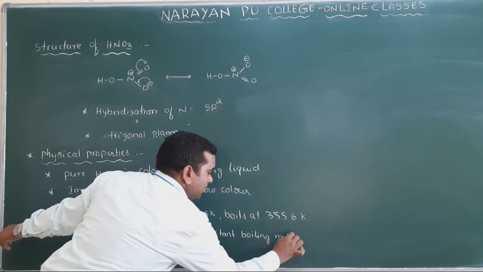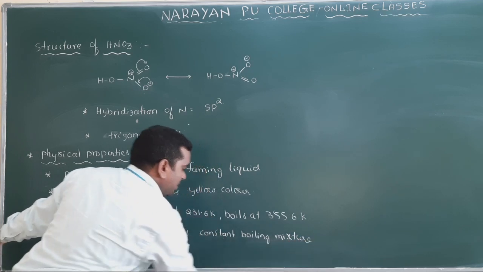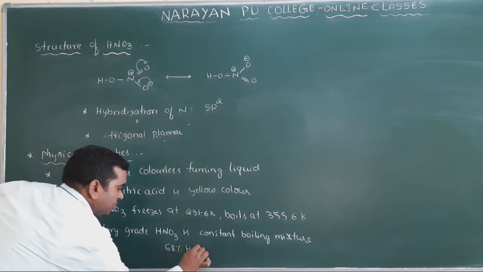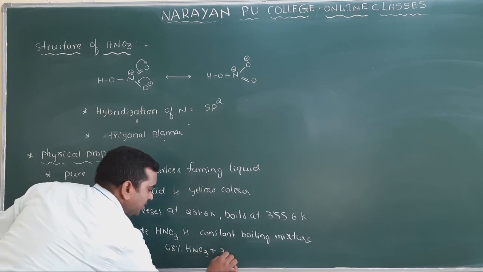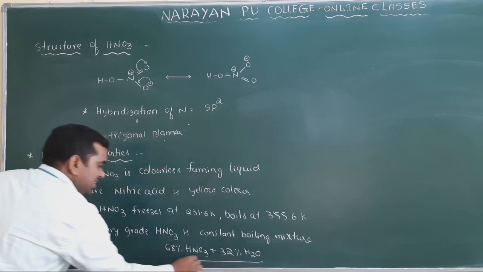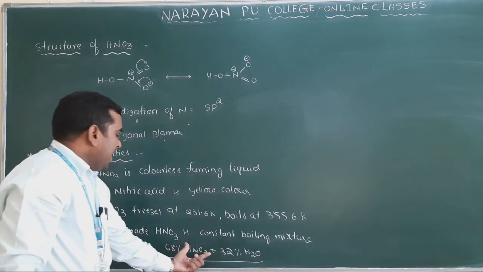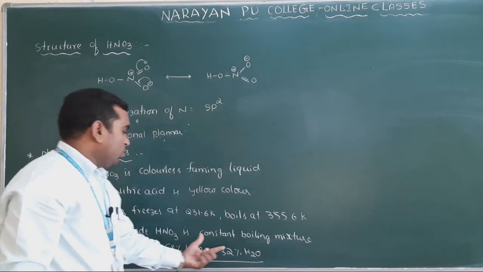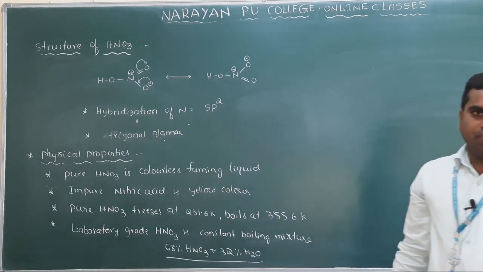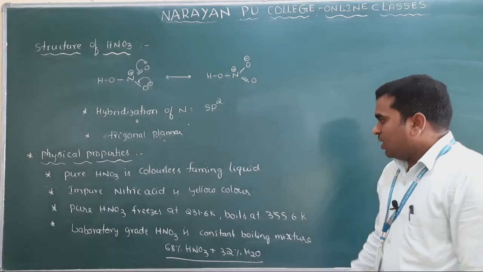Constant boiling mixture means 68% of HNO3 plus 32% of water. At this percentage HNO3 is a constant boiling mixture, which means we can say it is an azeotrope. Clear? And this is about the fourth point.